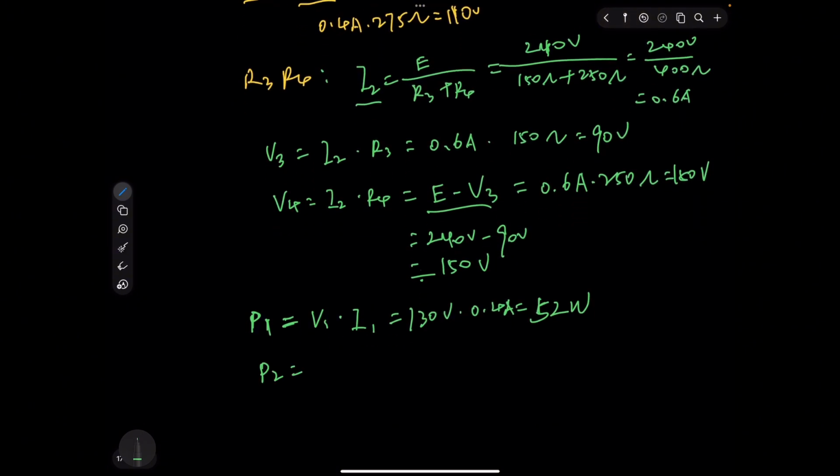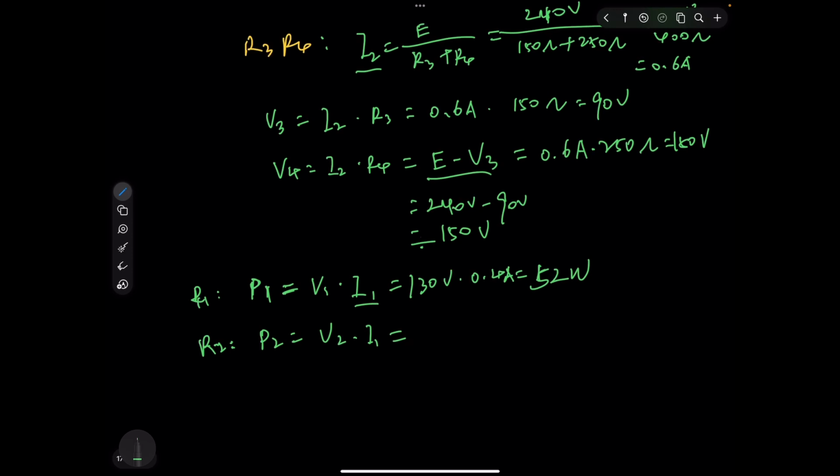For P2, same thing, V2 times I1, because R1 and R2 are in series, so the current is the same for both R1 and R2. V2 is 110 volts times 0.4 amps, which is 44 watts.